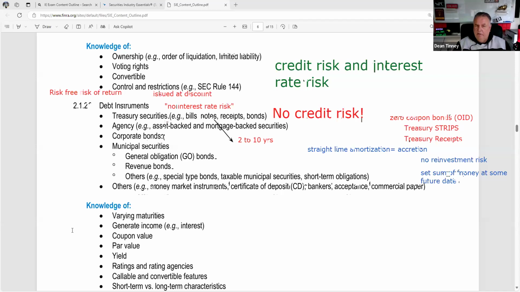Now in the secondary market, we have what is called a bond desk. All debt securities, all debt denominated securities, trade over the counter. And what that means is there's no one place you go to buy or sell a debt security in the secondary market.